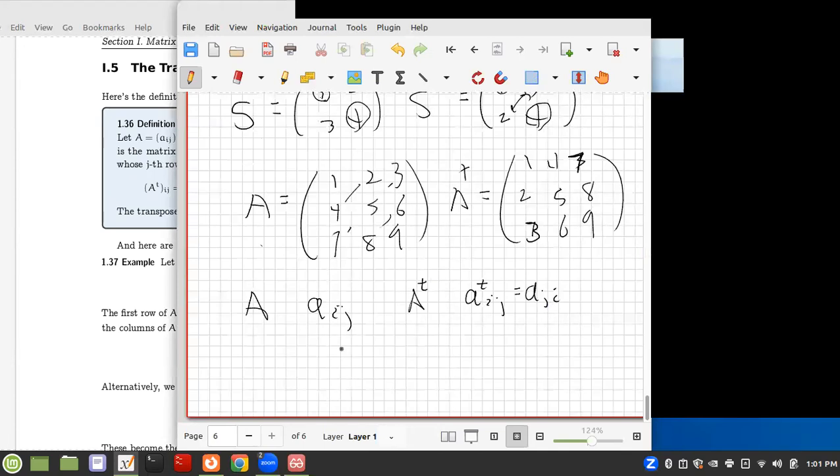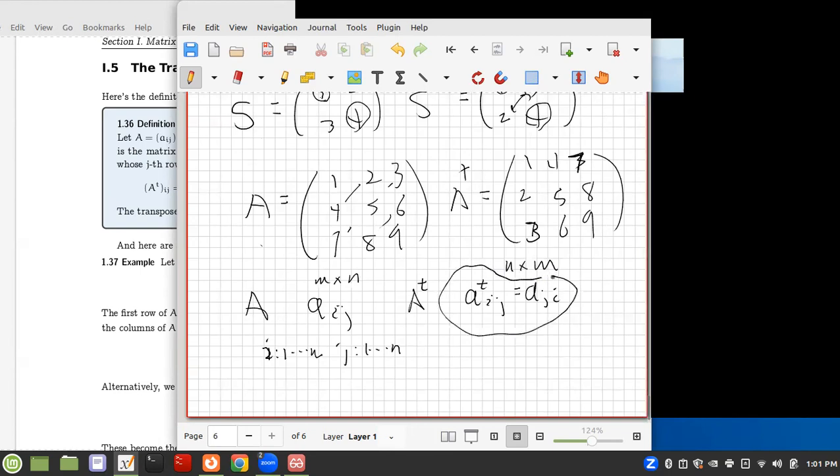So if i goes from 1 to M and j goes from 1 to N, the same thing is true here. If this is an M by N matrix, this is going to be an N by M matrix. So this swapping of indices works with these same restrictions, and this form is really compact for doing transposes.